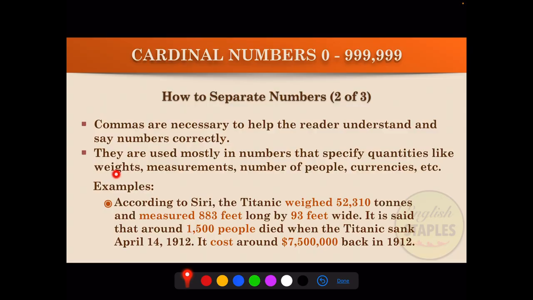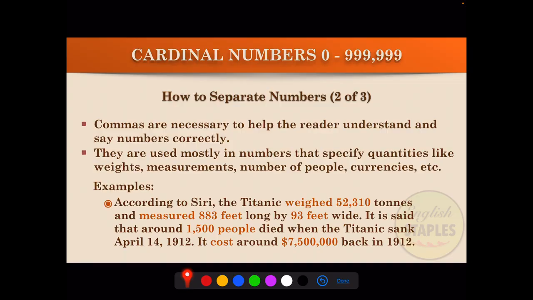When we talk about weight, it is how much something weighs, how many grams or how many pounds. Measurements are the dimensions, how many inches or feet or centimeters. And here we have number of people. Currency is money.